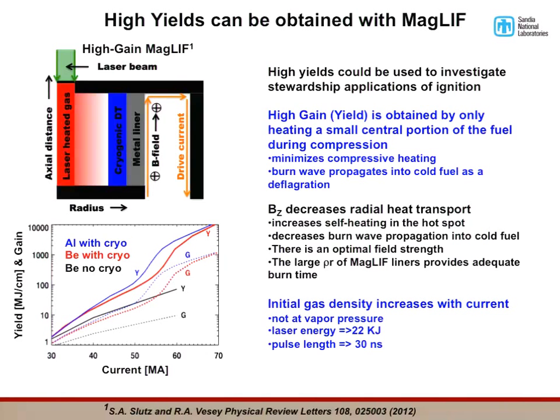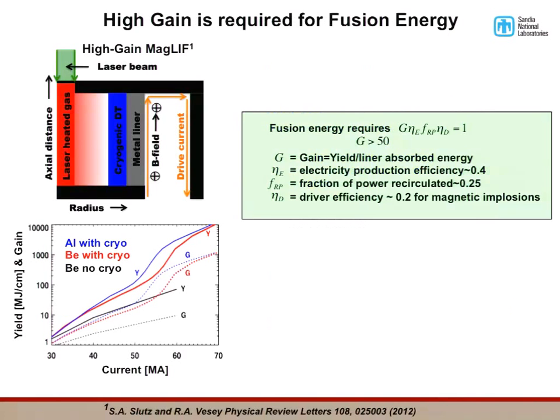And what happens is that you see after you get to a generator of about 60 megaamps, the gain has this jump, and this is a log plot, and has this jump to over 100 times gain and possibly up to 1,000 times gain. So this would be really interesting for stewardship science applications, as well as possible fusion energy schemes.